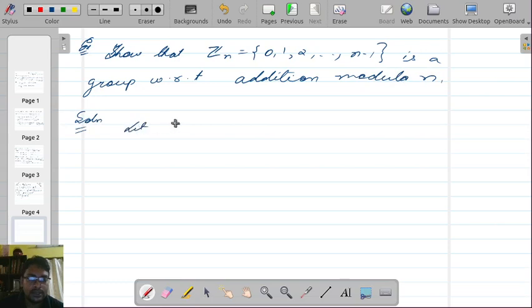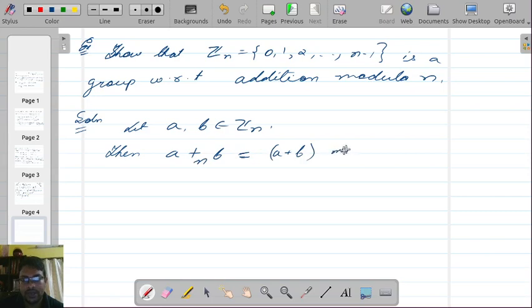Let a, b belong to Zn. Then we define a plus b modulo n, that is, a plus b mod n. What is this? This is actually the remainder when a plus b is divided by n.